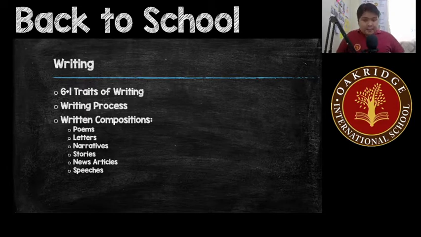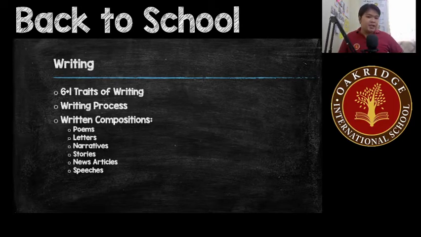But I will still be incorporating the 6+1 traits for writing and the writing process. For those of you who this is new for, 6+1 traits of writing are just the different traits that you should have as a writer. And the writing process is a process that would effectively give you a good written result. More on that for this school year.